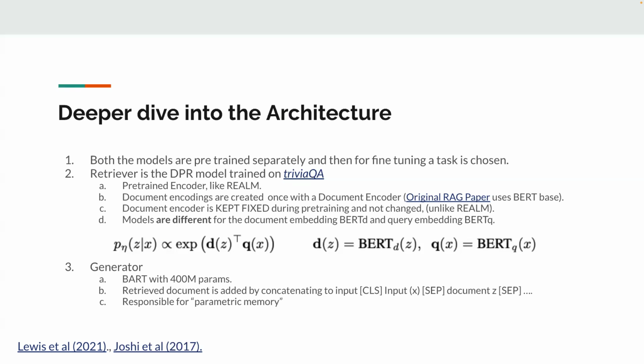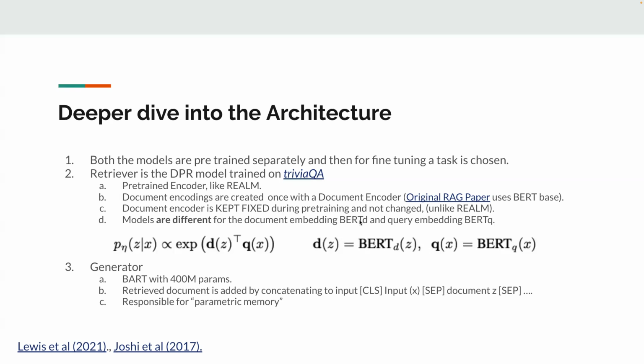So they train or pre-train these models on some good datasets and not just random BERT base. There is a pre-trained encoder just like Realm, which is the DPR model, dense passage retriever. Documents are created once using the document encoder, which essentially means that the document index is never changed. And then the encoder is kept fixed, unlike Realm, which changes during pre-training.